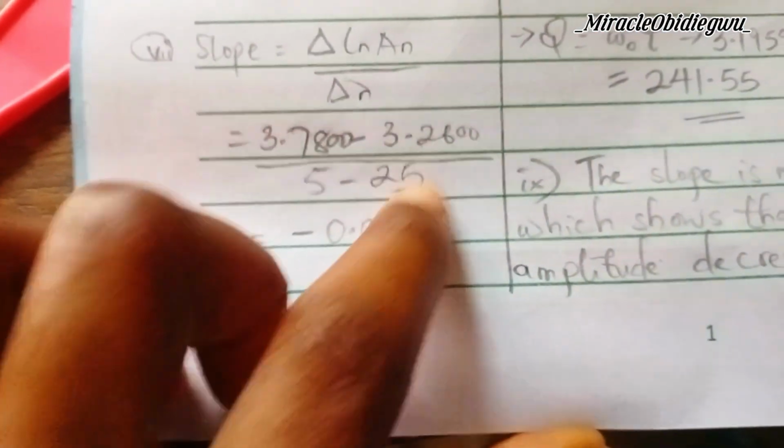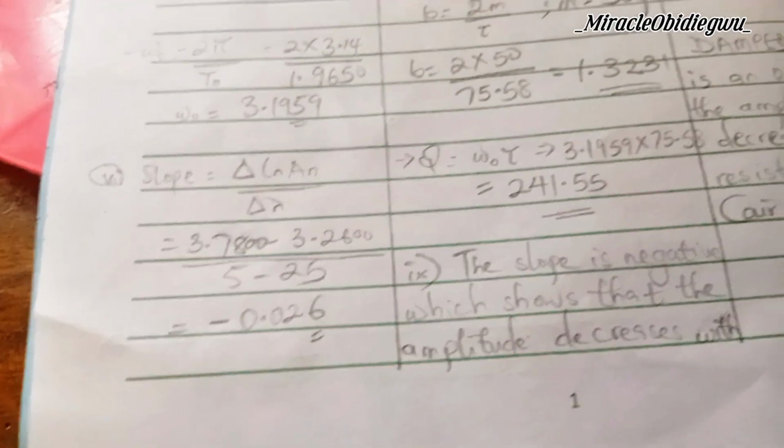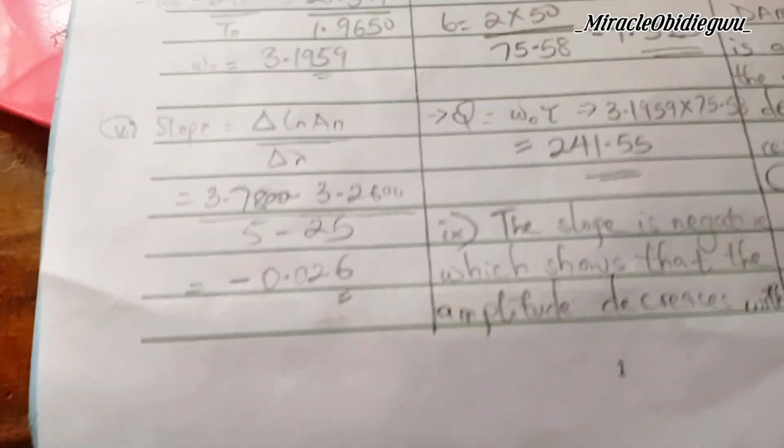So that's where I got my slope, and because it's a negative graph, that's why my slope is negative.